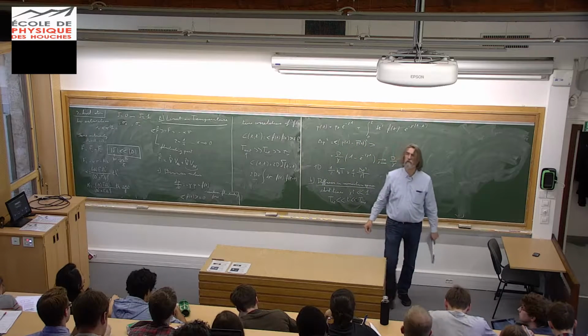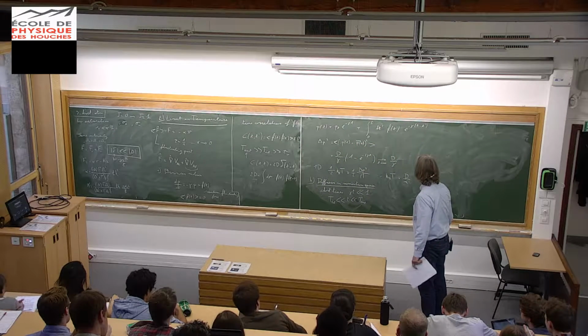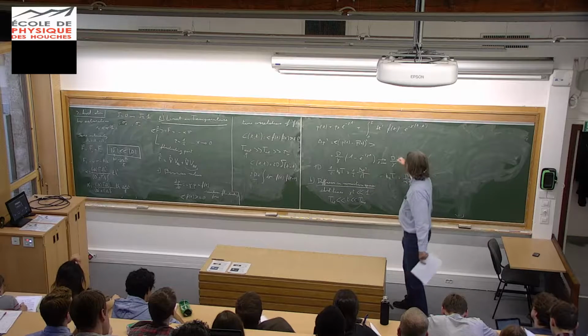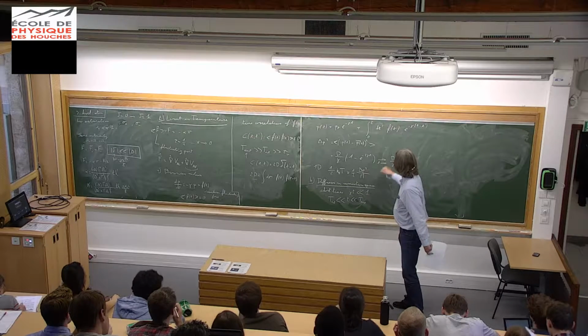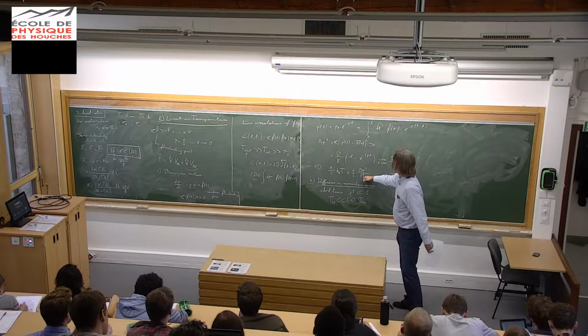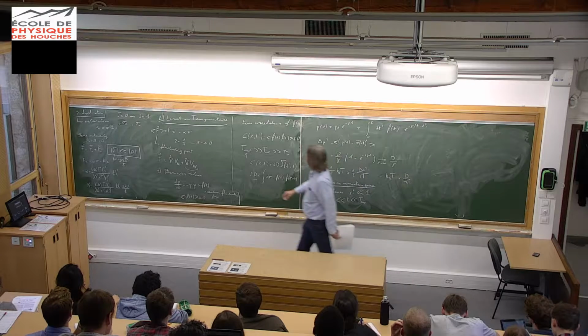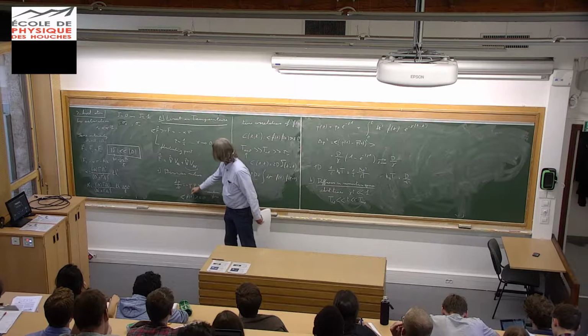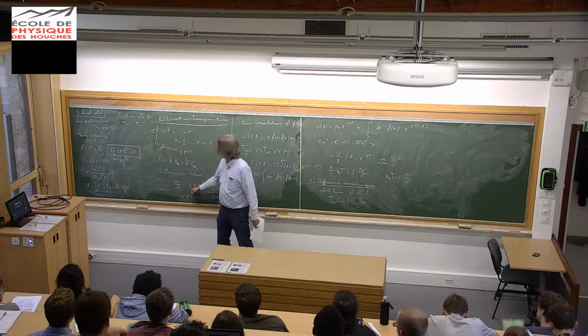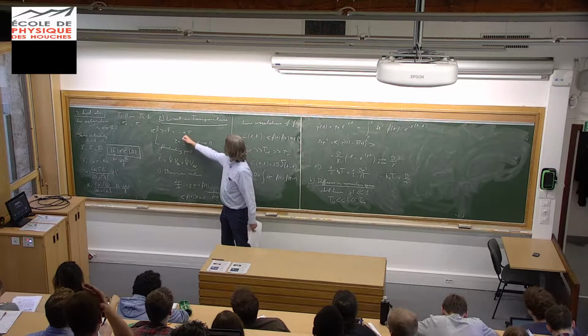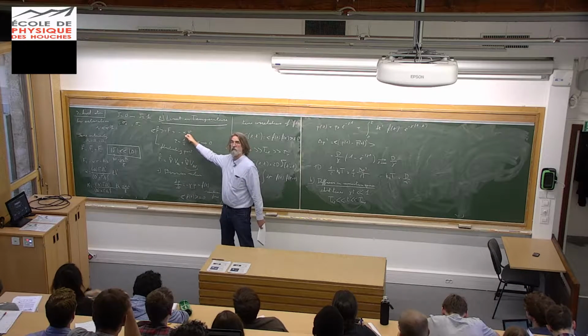Question? Because you have D over gamma here, and you have the m, and probably yes, the force is defined here as gamma p, and is defined as alpha v here.